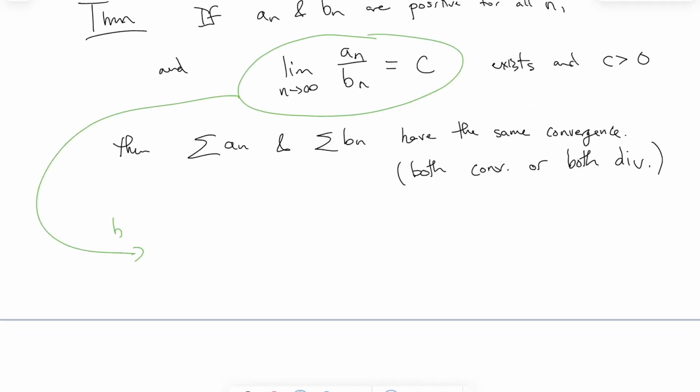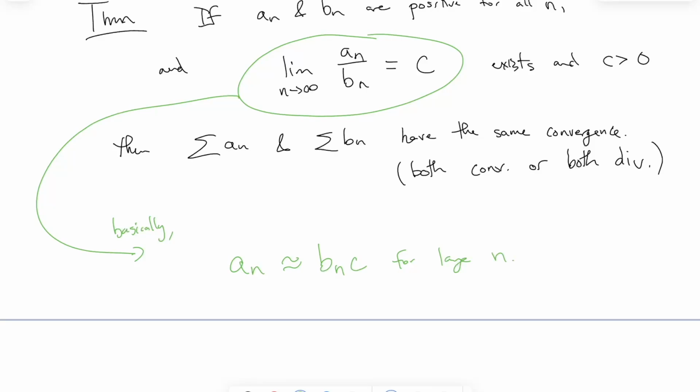This basically means something like, if I were to multiply the b's onto the other side, a_n approaches b_n times c, or maybe I'll say it this way: a_n is close to b_n times c for large n.